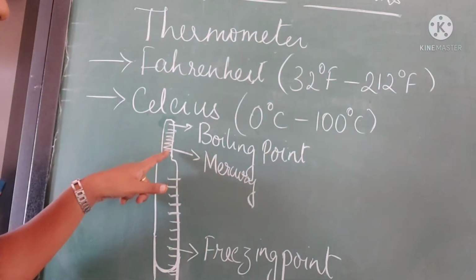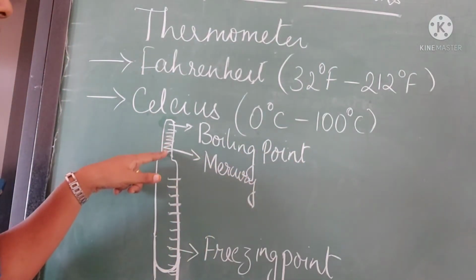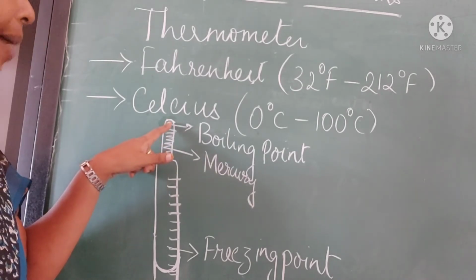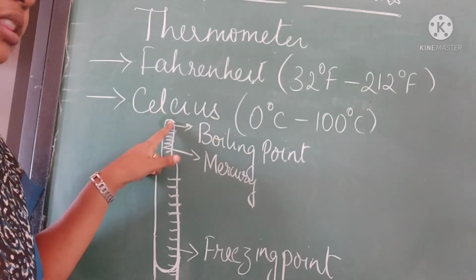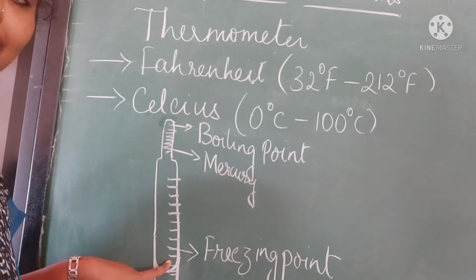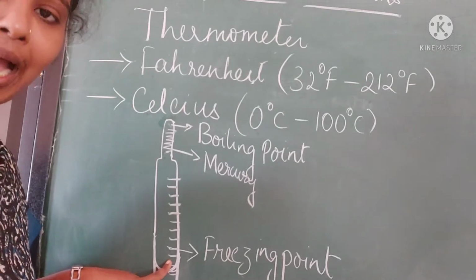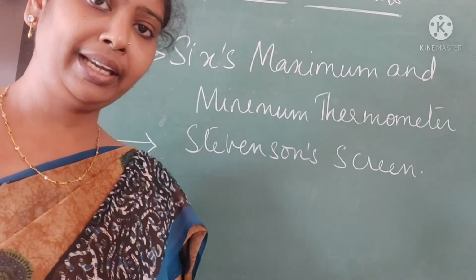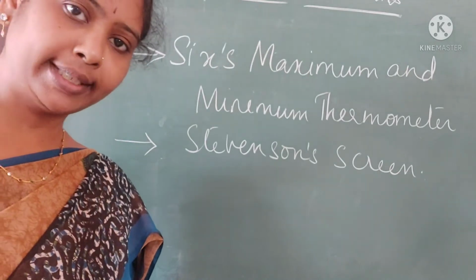So here this is a classical thermometer wherein this end is filled with mercury, and the upper point is the boiling point of water and the end point shows the freezing point of ice. Normally in India we use the Celsius scale.